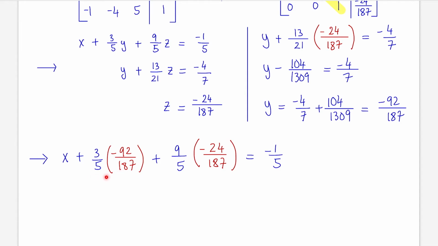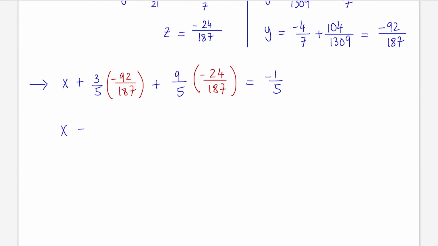So next I need to multiply these two fractions and these two fractions. So 3 over 5 times negative 92 over 187, I get negative 276 over 935. 9 over 5 times negative 24 over 187, I get negative 216 over 935.